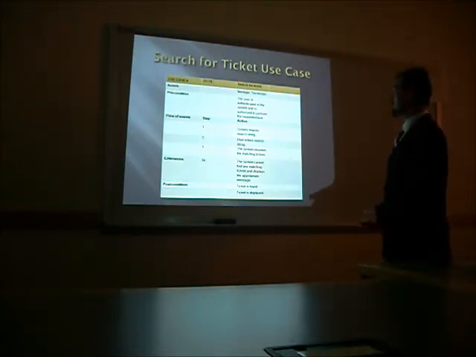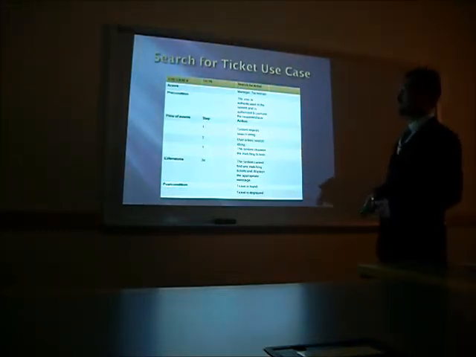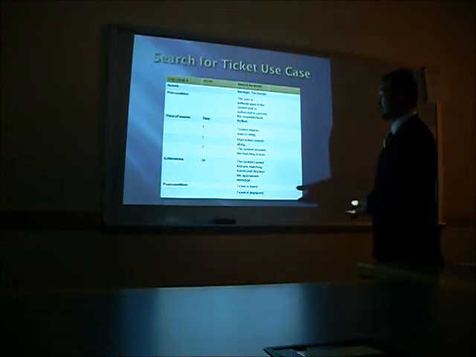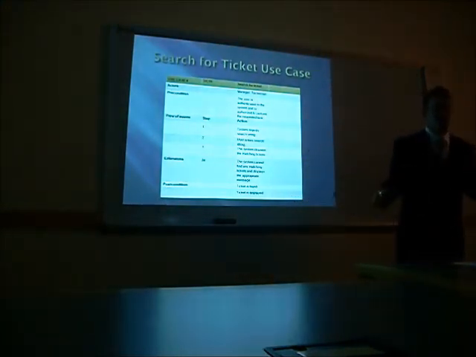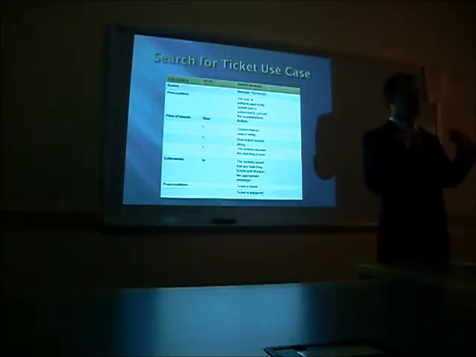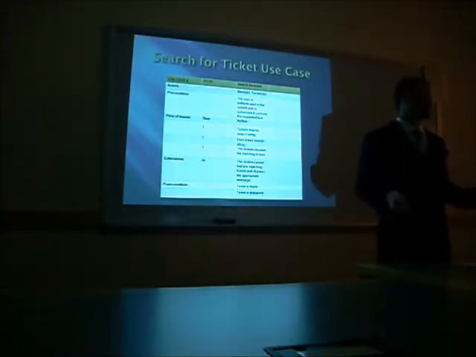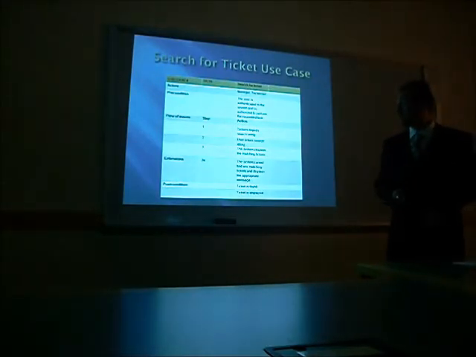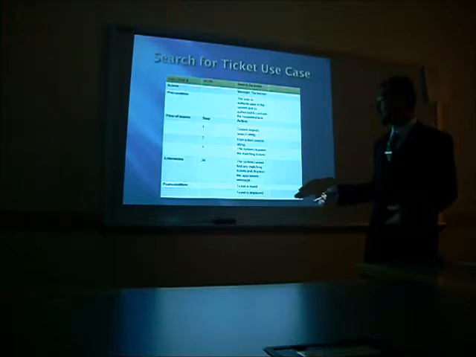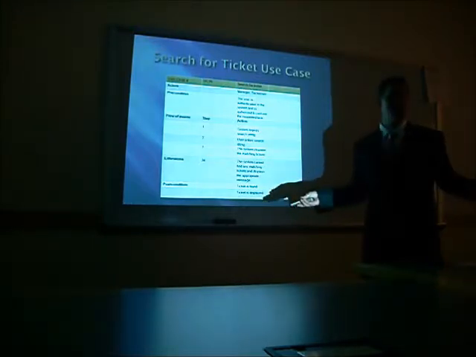System requests search string, user enters the search string, system searches for it, displays matching tickets. Extensions of that might be the system doesn't find any matching tickets. Say you put 0031 and that ticket does not exist, so it may give you appropriate message: ticket is not found, ticket is found, ticket is displayed.